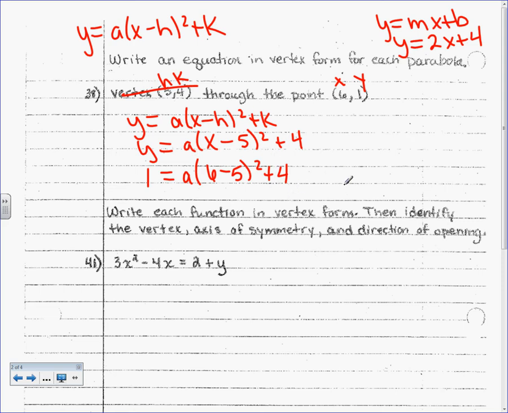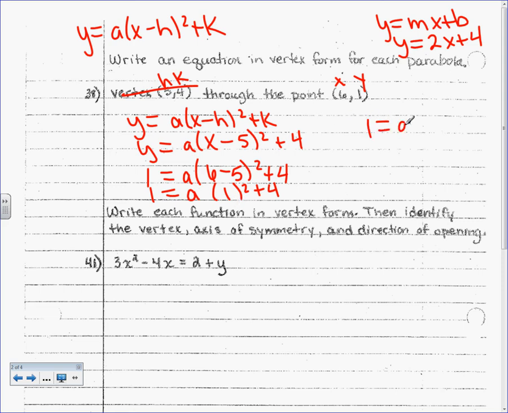What'd you guys get for A? -3 is what you're supposed to get. Here's how. 1 equals, that's still an A. Order of operations says PEMDAS says parentheses come first. 6 minus 5 is 1. What comes after parentheses? Exponents. 1 squared is 1.